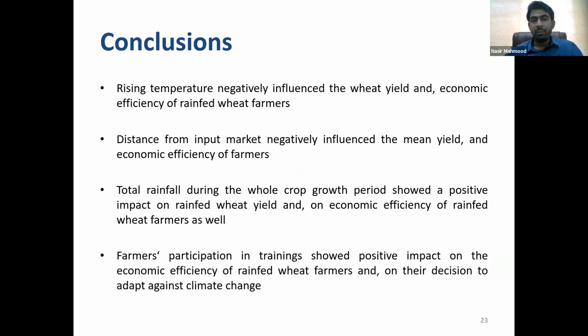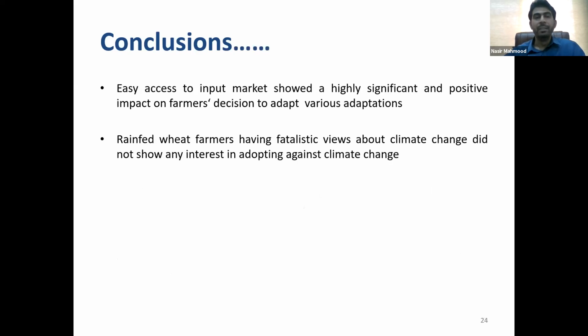Third, the total rainfall during the whole crop growth period has shown a positive impact on the mean yield and also on the economic efficiency of the rain-fed wheat farmers. Moreover, the farmers' participation in climate resilient crop farm trainings showed a positive impact on economic efficiency and also on the farmers' decision to adapt against climate change.